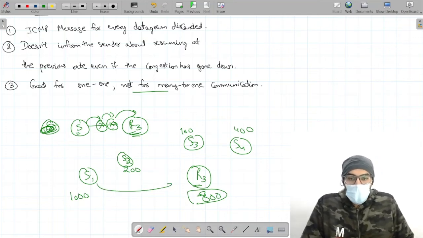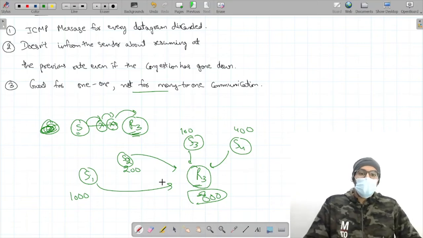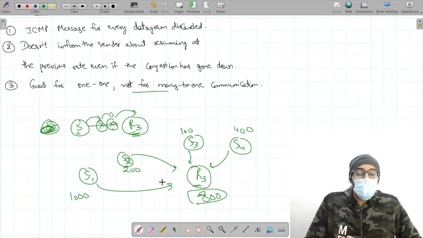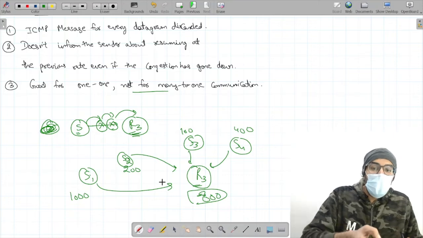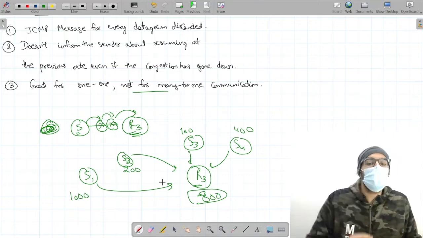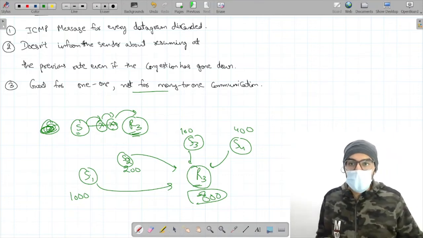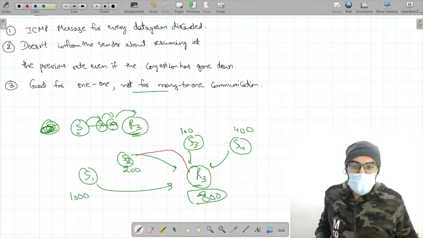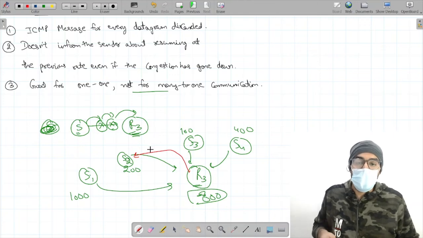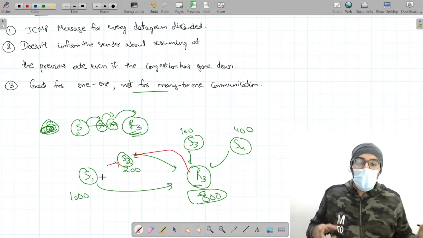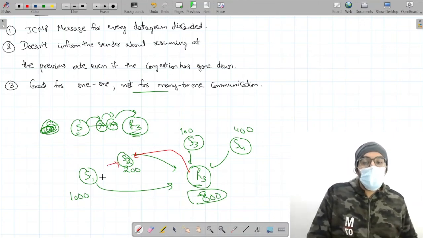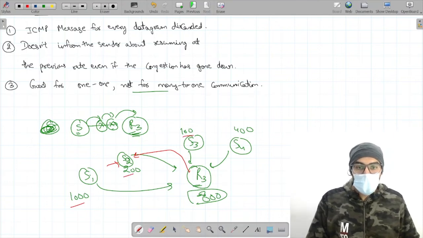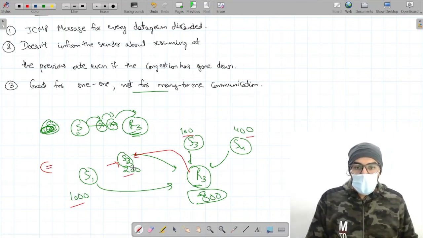Now, since all of these senders are sending the packets at the same time, R3 would send an ICMP message of type source quench to any one of the senders. It could be possible that router R3 sends a source quench ICMP message to sender S2, and then it would not do the work, because the complete output is 500, 700, 1700.